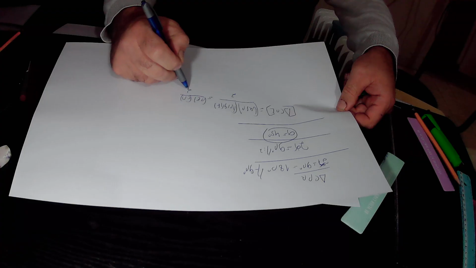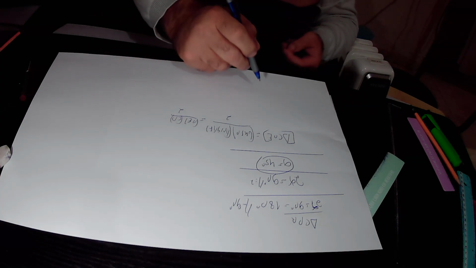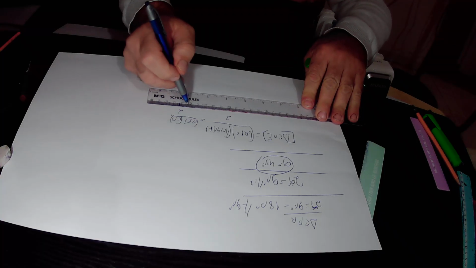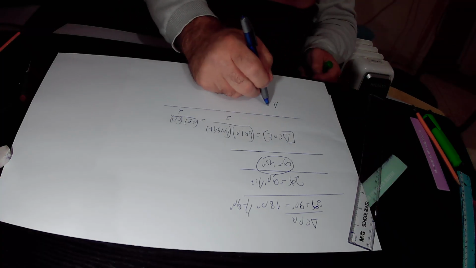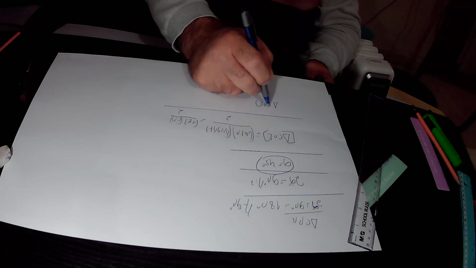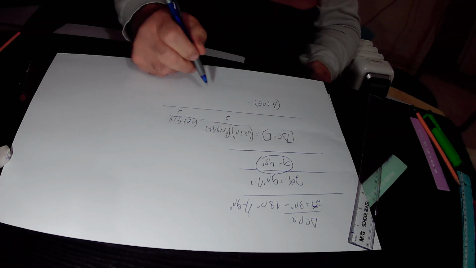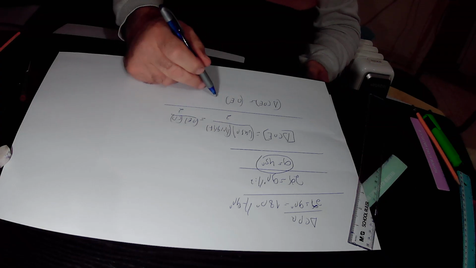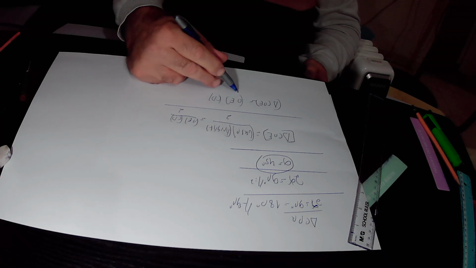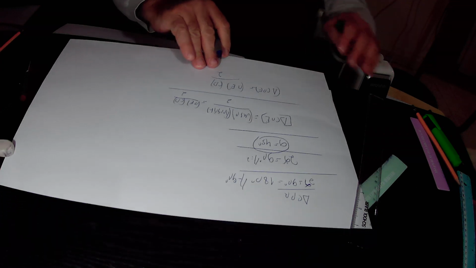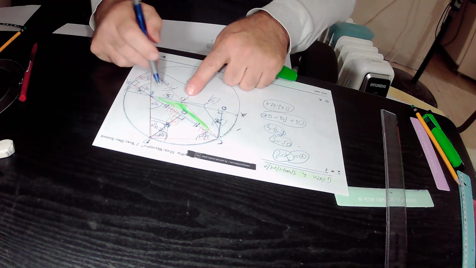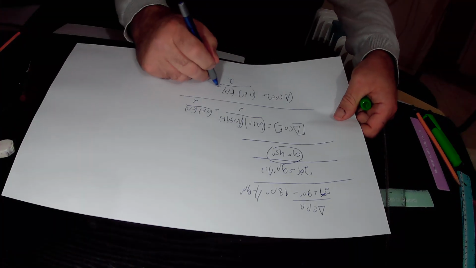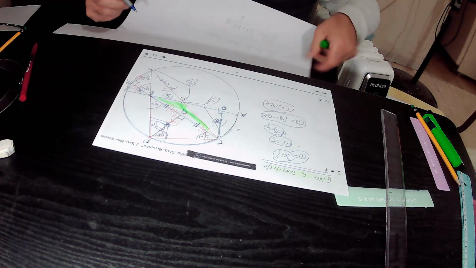Over 2. So in total, we found out that the area of the green triangle COE equals the base OE times the height to the base, that is CD, over 2. It is given in the question that OE equals 5, so we substitute OE by 5 times CD.